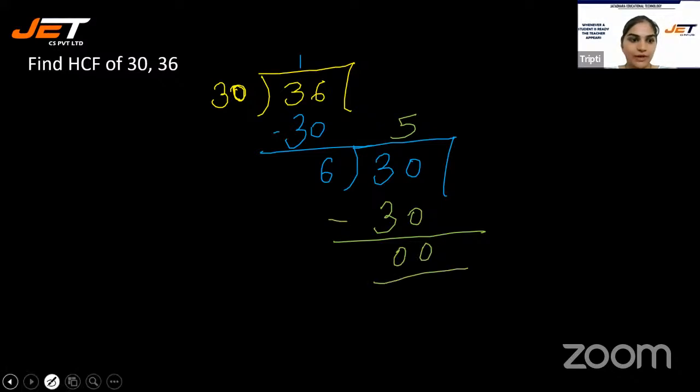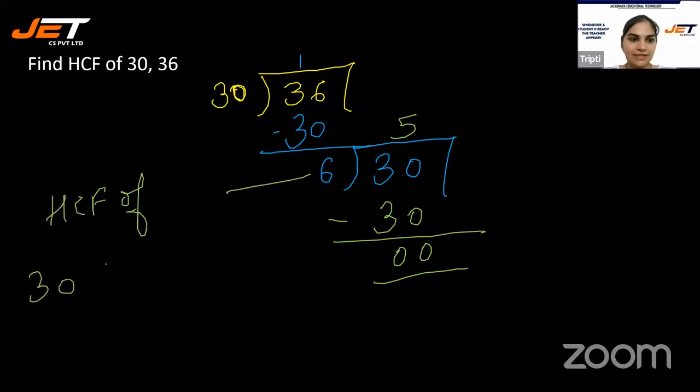I can say that the HCF of 30 and 36 is 6. Okay. HCF of 30 and 36 is 6.